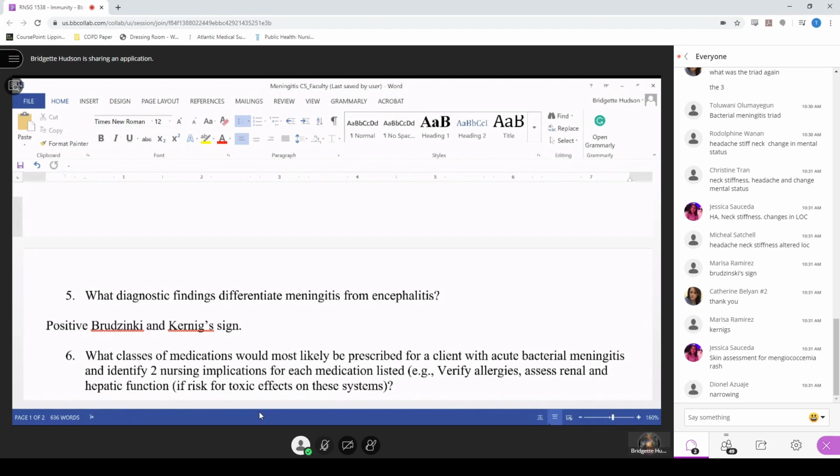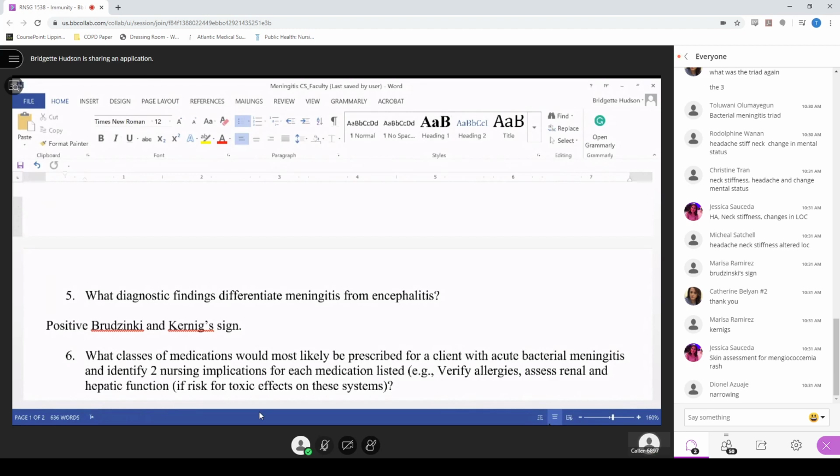Other things, allergies, that's going to be another thing you want to look at, especially with antibiotics. With penicillin, you want to make sure that this person won't have an allergic reaction to that. Speaking about antibiotics, there are different types depending on which of these bacteria they need to fight. Overall, the penicillins are where they start.